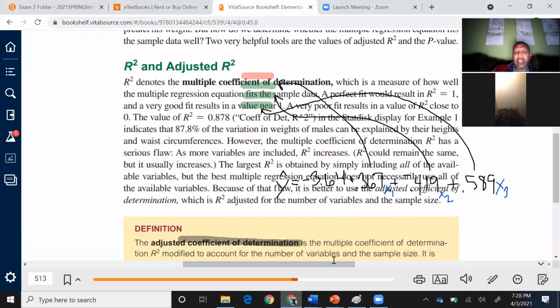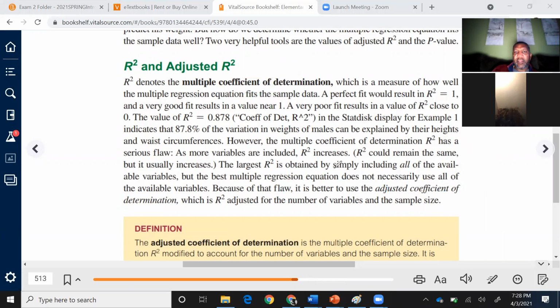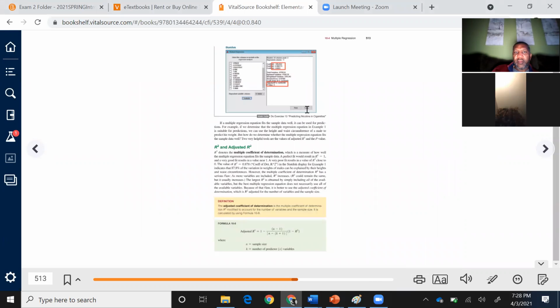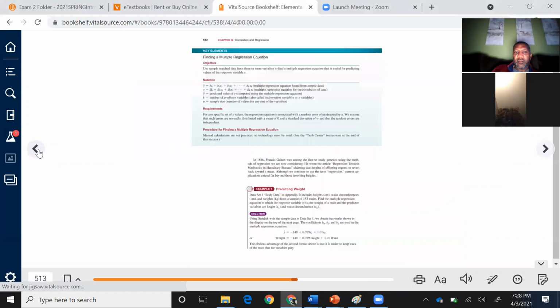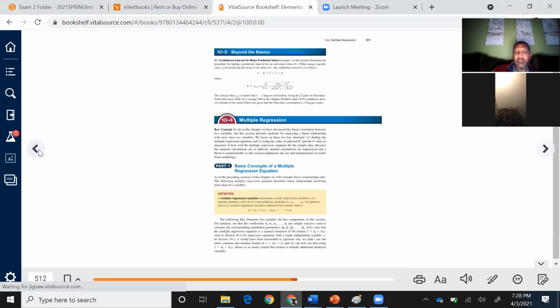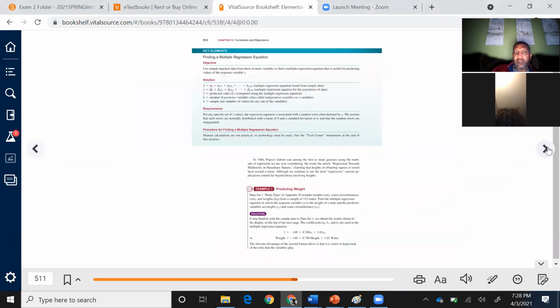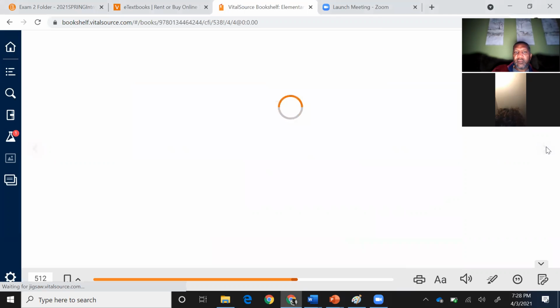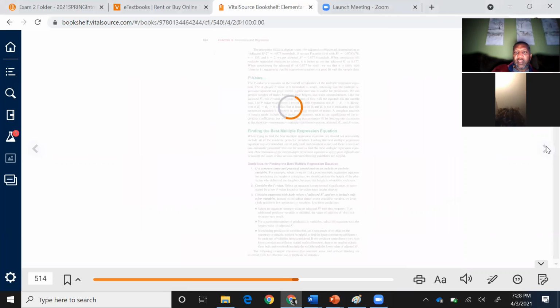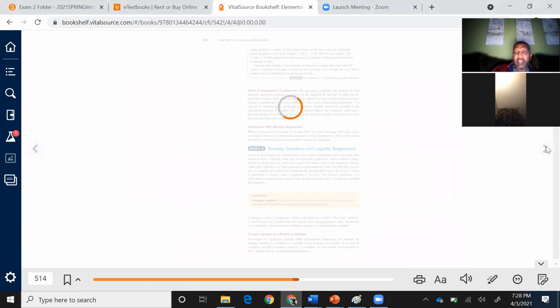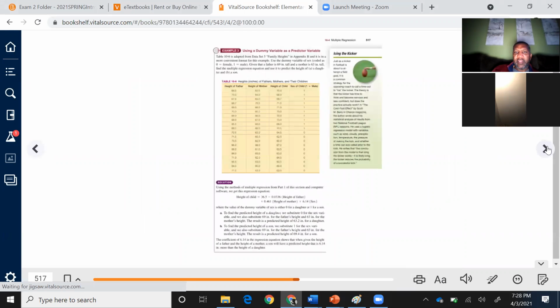Let me see. Get rid of this, it's in my way. That's an example of, yeah, but it's not in Excel.